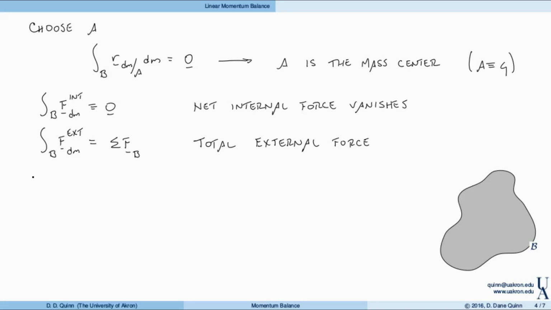So, as a result, let's go back and write the expression from the previous slide. Sum of the forces external plus sum of the forces internal equaled A of G, because now, remember, we're choosing the mass center as the point for our acceleration of each mass element.